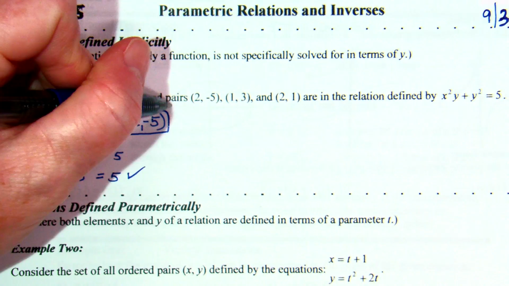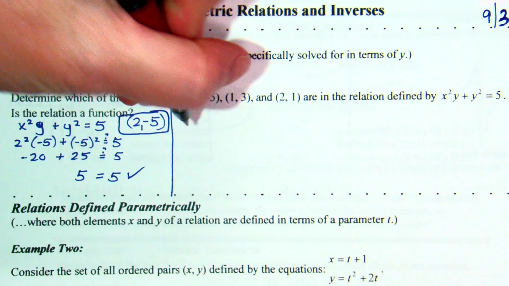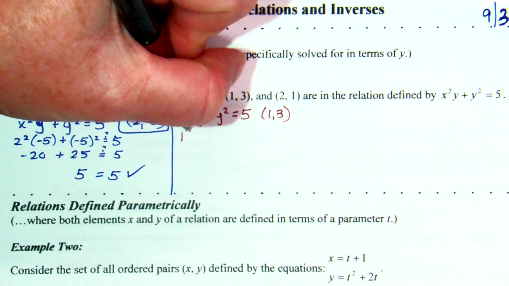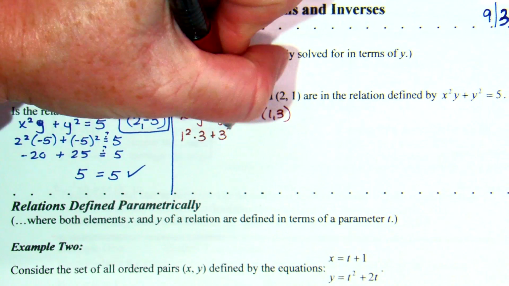Let's try this next one, again using x squared y plus y squared equals 5. This time we're trying 1, 3. You guys don't really need me to work this all the way out, do you? This is a different route than the quiz, okay?